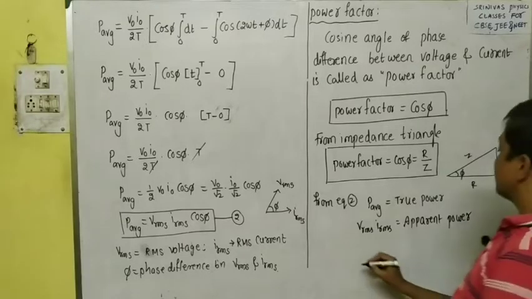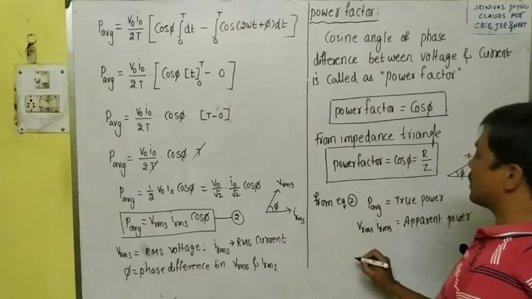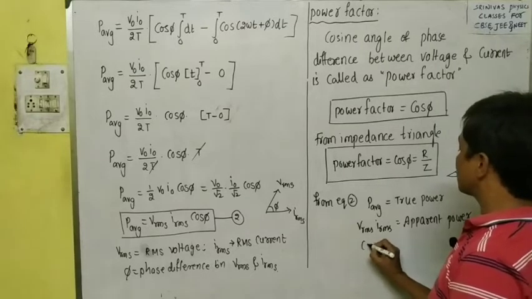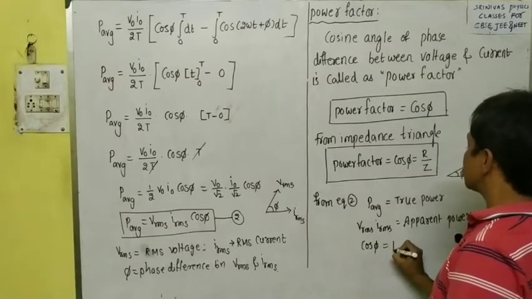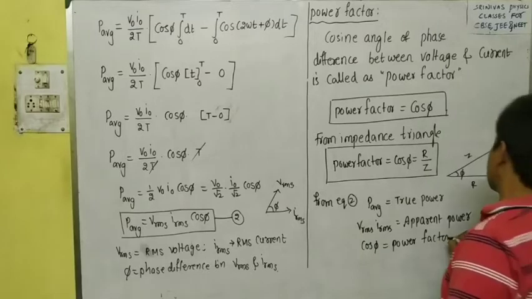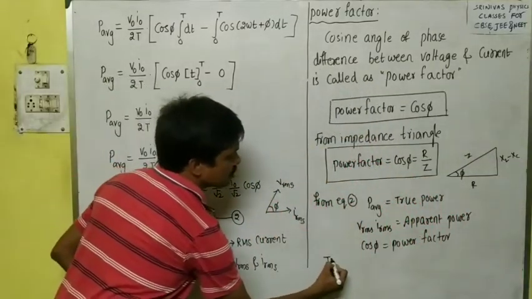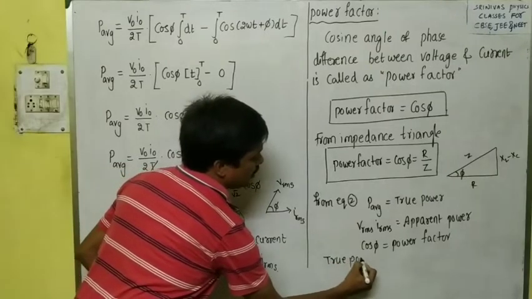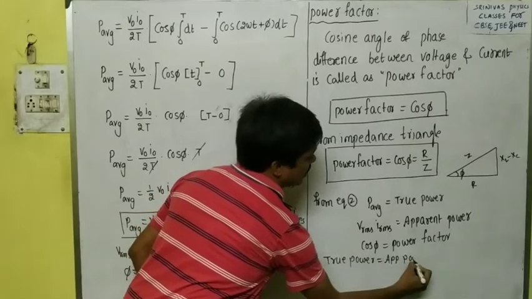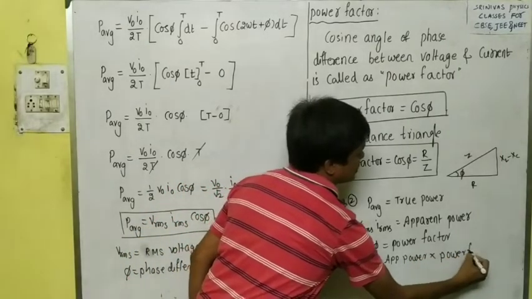Cos phi is the power factor. Then what do we write? From equation 2, true power is equal to apparent power into power factor, right? This is the formula.